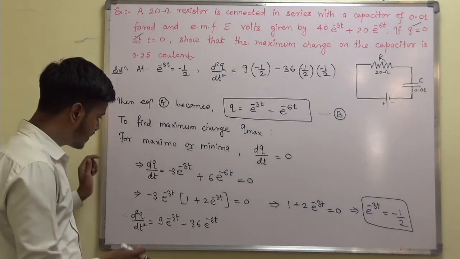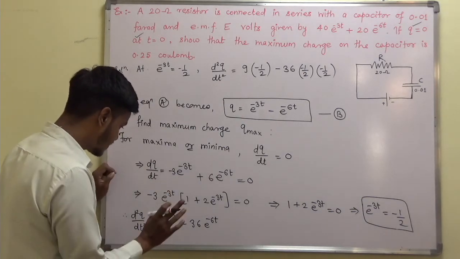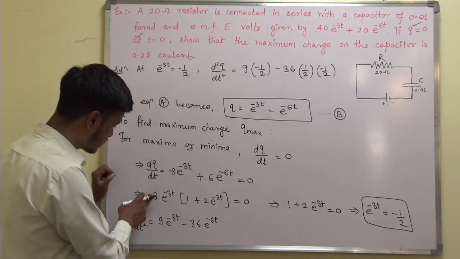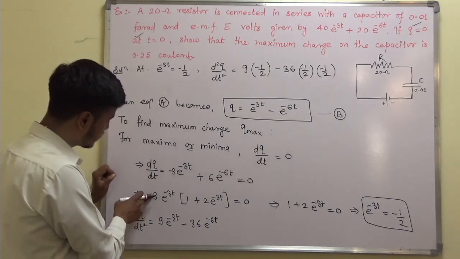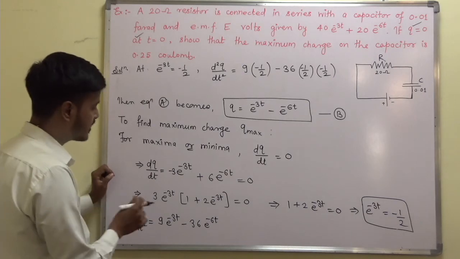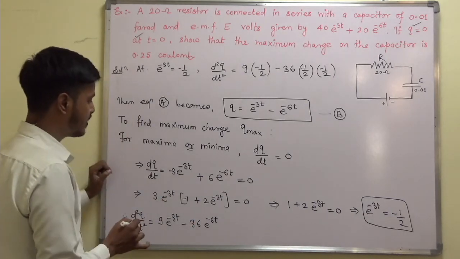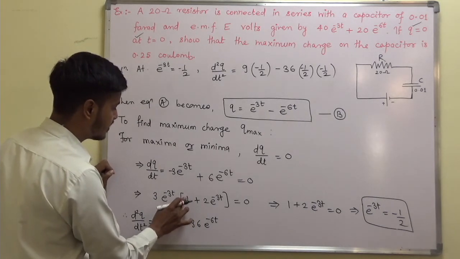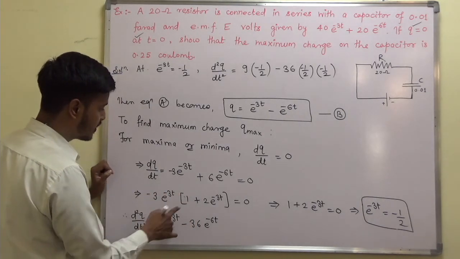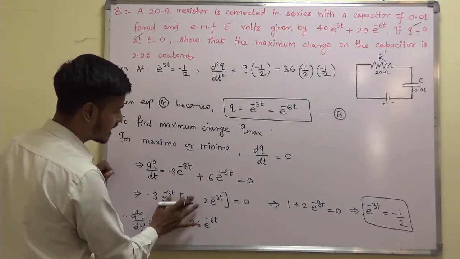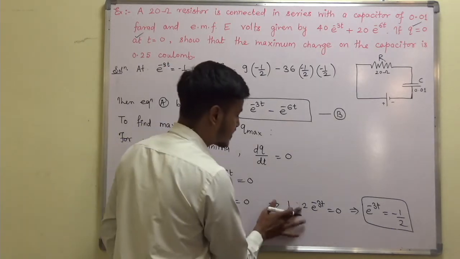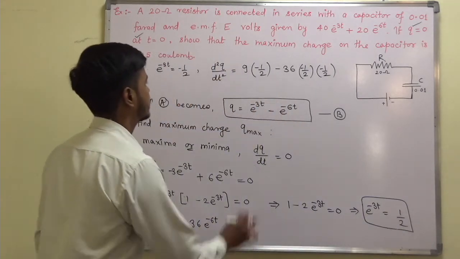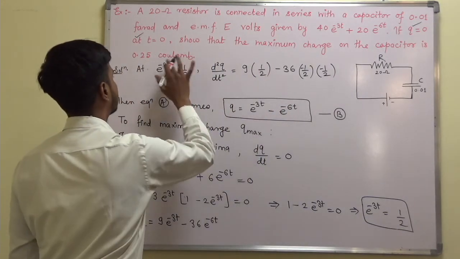Just a moment. Yeah, just a correction. We have taken minus 3t common, so this is 1 and this should be minus 2, so this is minus and this should be plus 1 by 2, plus 1 by 2.